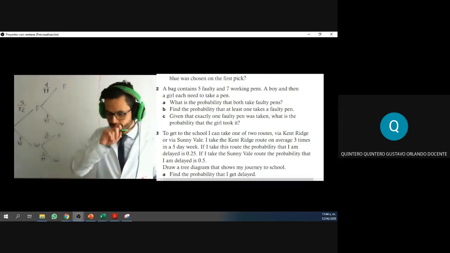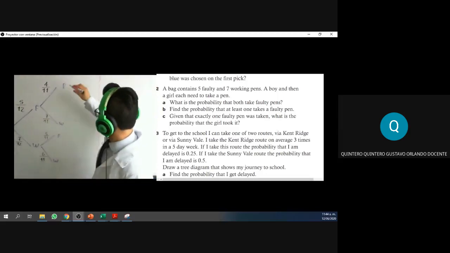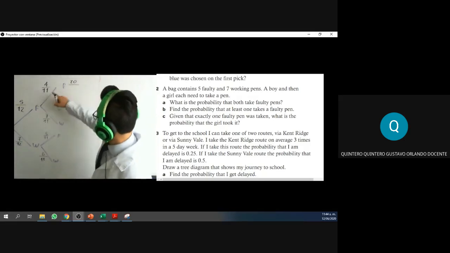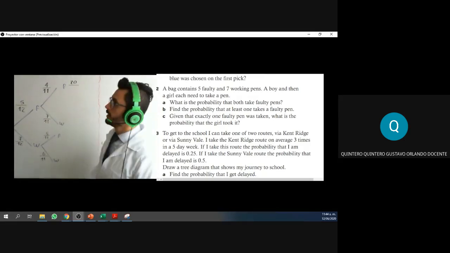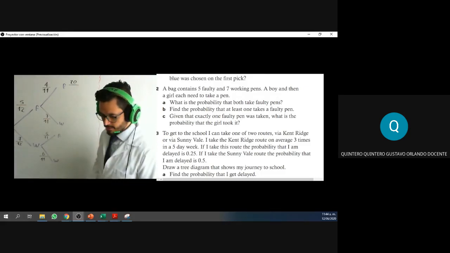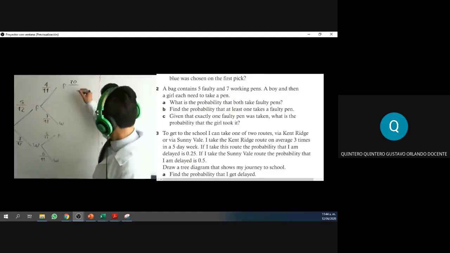Beautiful. From here, I can do the multiplications. Let's try to do the multiplications as fast as possible. This will be 20 over, how much is this? 12, 1. Okay, that one is hard. 11 times 11, 121 plus 11. 121, 132.